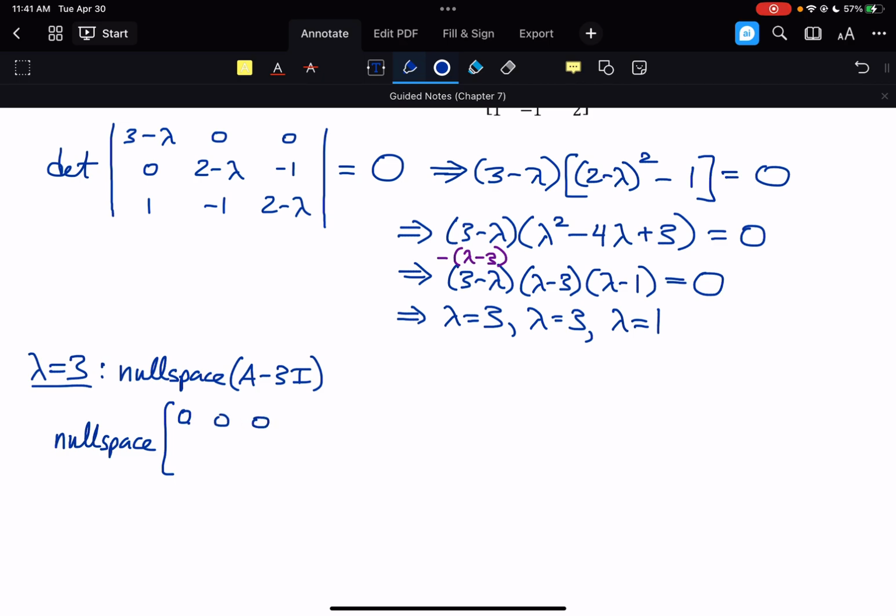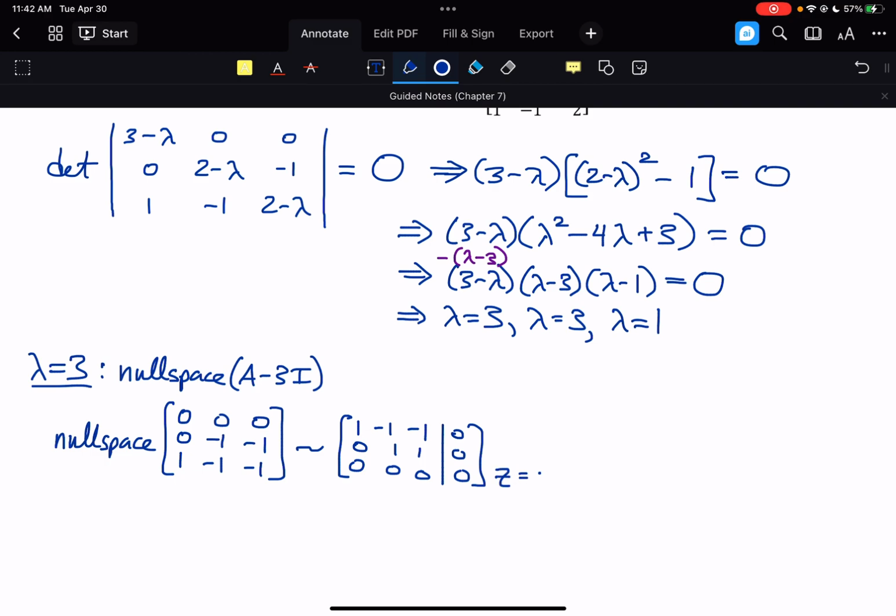That's 0, 0, 0, 0, negative 1, negative 1, 1, negative 1, negative 1. Simple rearrangement here gives us 1, negative 1, negative 1, 0, 1, 1, 0, 0, 0, all augmented with zeros because it's the null space.